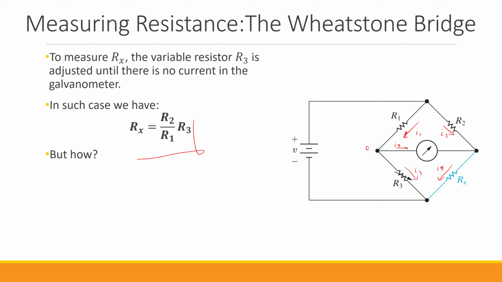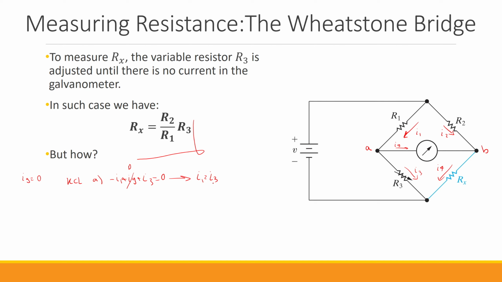So let's write down the KCL for node A, and then we do it for node B. KCL for node A means that negative I1 plus IG plus I3 equals 0. Since we are writing it when IG is 0, this means that I1 would be equal to I3.